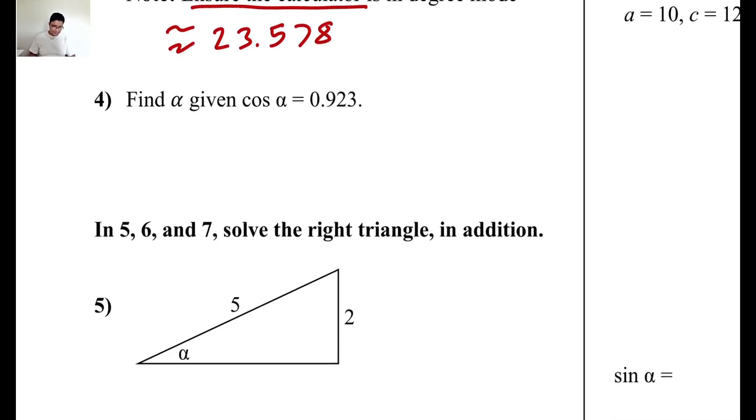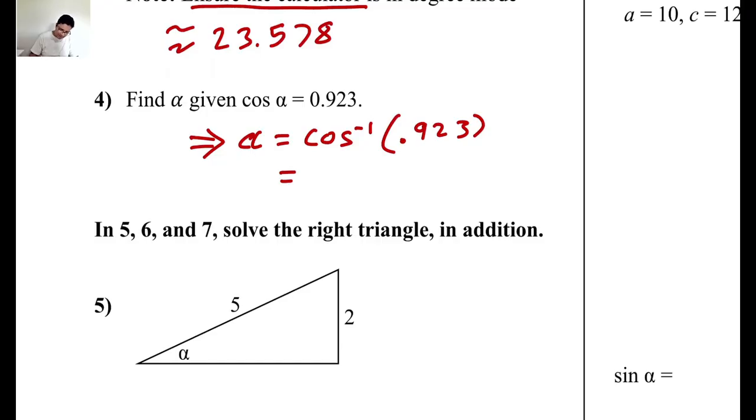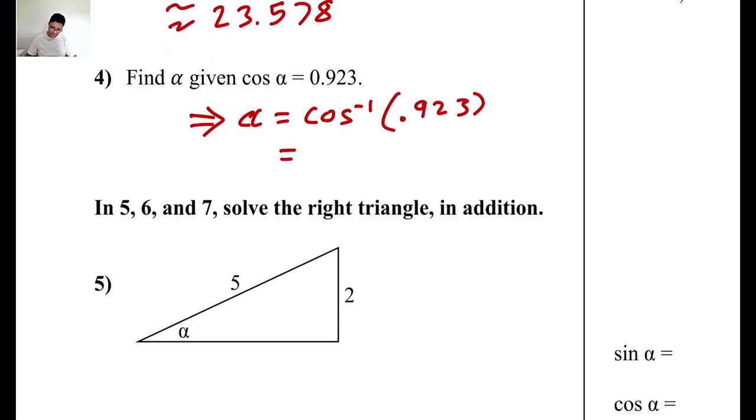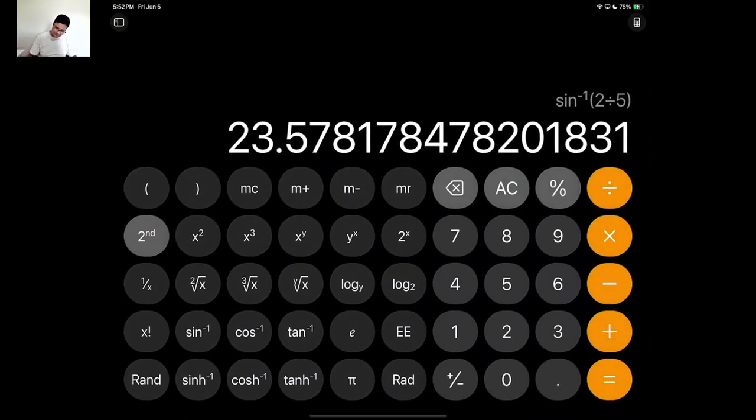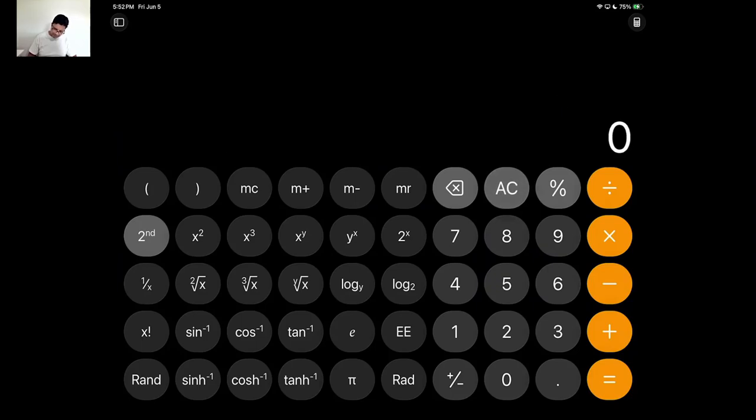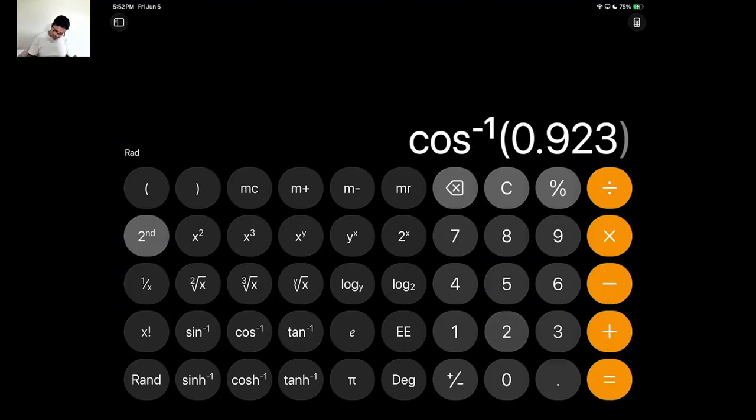Find alpha given cos alpha equals 0.923. You do it. It's the same process. Now alpha will be cos inverse of 0.923. This time let's find that in radians. Nobody said which unit, so you choose yours. For that I'm going to go to the radian mode and say cos inverse of 0.923.